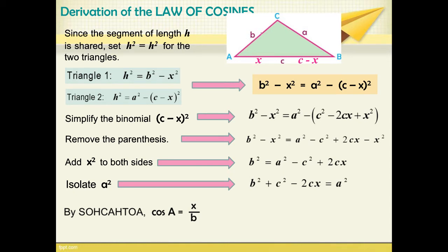The hypotenuse is b. So cosine of angle A will be equal to x over b. Therefore, x will be equal to b cosine A. If we cross multiply this, then x will be equal to b cosine A.